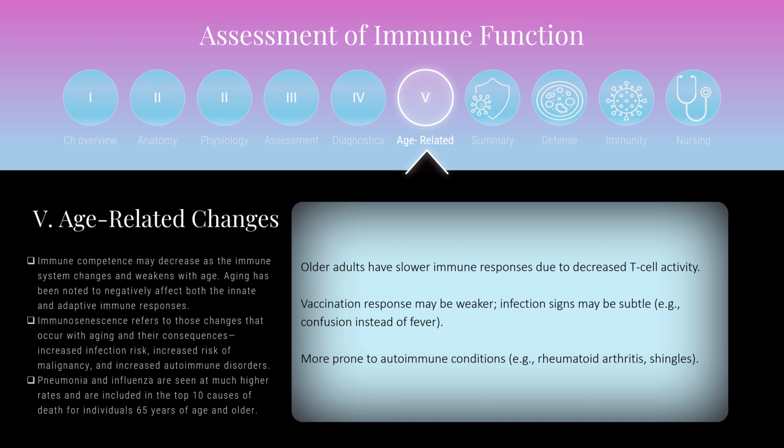Age is an essential factor to consider when assessing immunocompetence, which is, immune competence may decrease as the immune system changes and weakens with age.